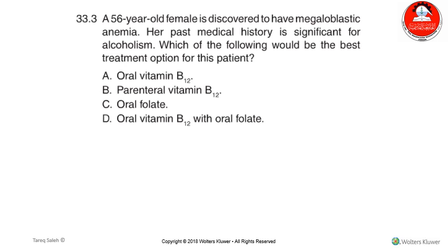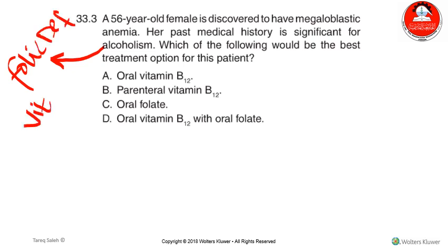Okay, let's discuss a question based on what we've learned on megaloblastic anemia. A 56-year-old female is discovered to have megaloblastic anemia. Her past medical history is significant for alcoholism. However, that is not enough to tell you whether the cause was folic acid deficiency or vitamin B12 deficiency, because alcoholism can result in both conditions.